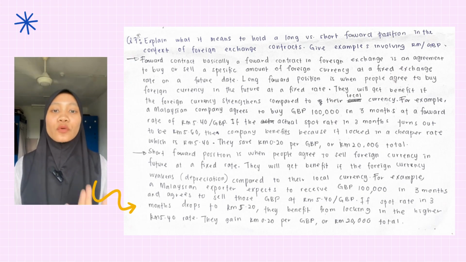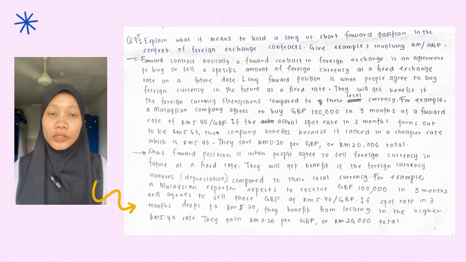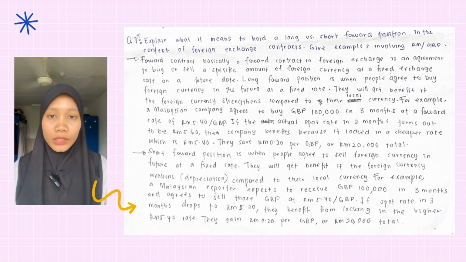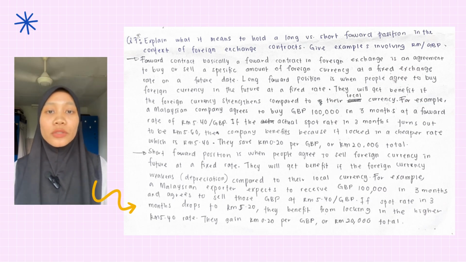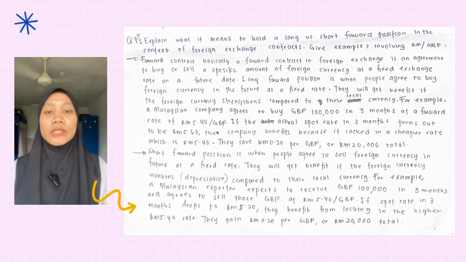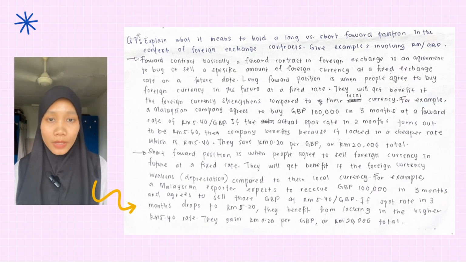Okay, a long forward position is when people agree to buy foreign currency in the future at a fixed rate. They benefit if the foreign currency strengthens, which is goes up in value compared to their home currency. For example, long for RM per GBP is a Malaysian company agrees to buy GBP 100,000 in 3 months at a forward rate of RM 5.4 per GBP.